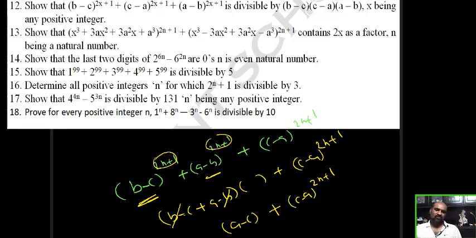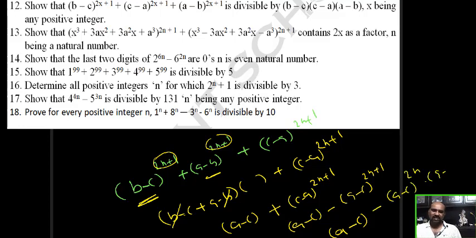So what happened? I will show you. a minus c, here I can take minus common. What happened? (a minus c) whole power 2x plus 1. I already explained how we will get this, taking minus common. From these two I can take one more step: (a minus c) minus (a minus c) power 2x into (a minus a) can write here. Now I can take a minus c common. After taking a minus c, 1 minus (a minus c) power 2x we will get.